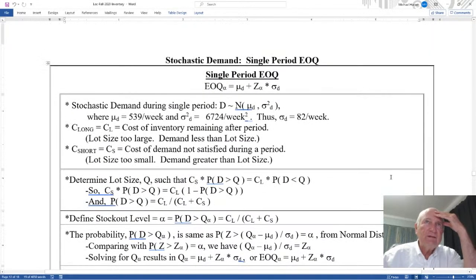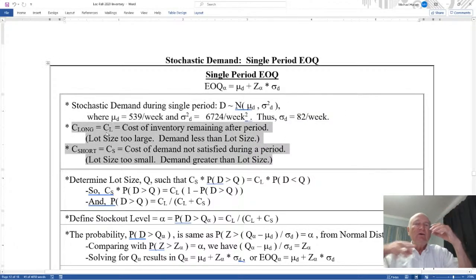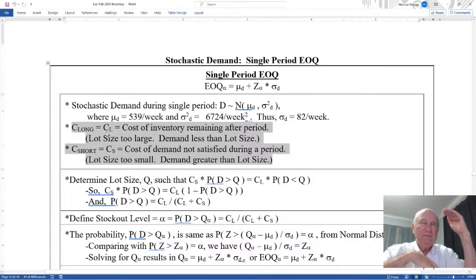The way it's done is pretty straightforward. It's not hard at all. You have your stochastic demand again, but then you have something called your long cost and your short cost. The long cost is, if I order too much and my lot size is too large and my demand is less than my lot size, I'm going to have inventory left over, and that's called a long cost.